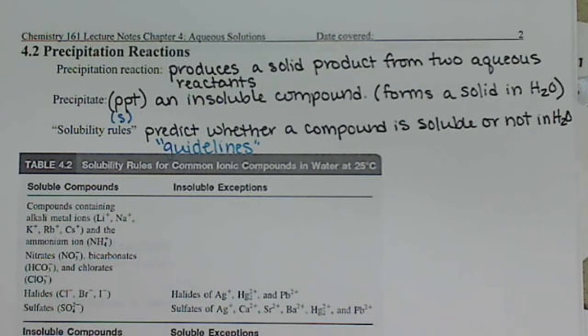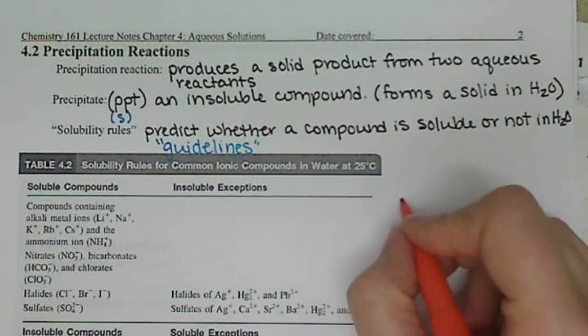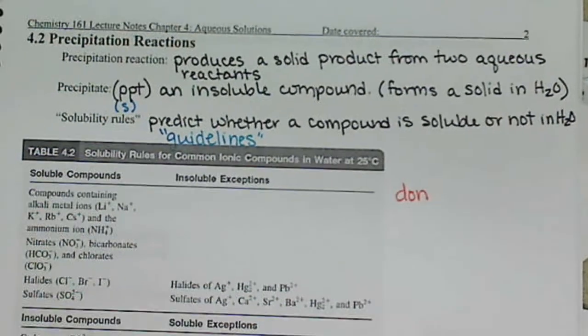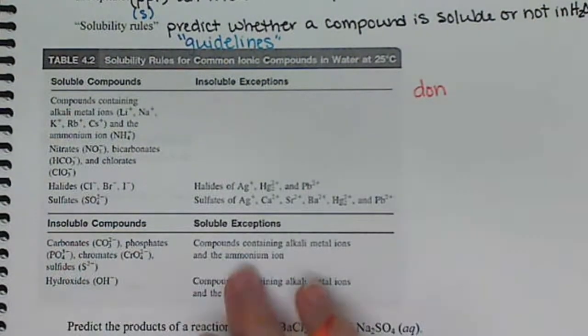Another thing to keep in mind is that the reason we have them is because there is no rhyme or reason as to why one salt will dissolve in water and another salt will not. So we really do just have these rules, and this is what we follow. You do not need to memorize these rules. And these are the rules here. This is from your book.